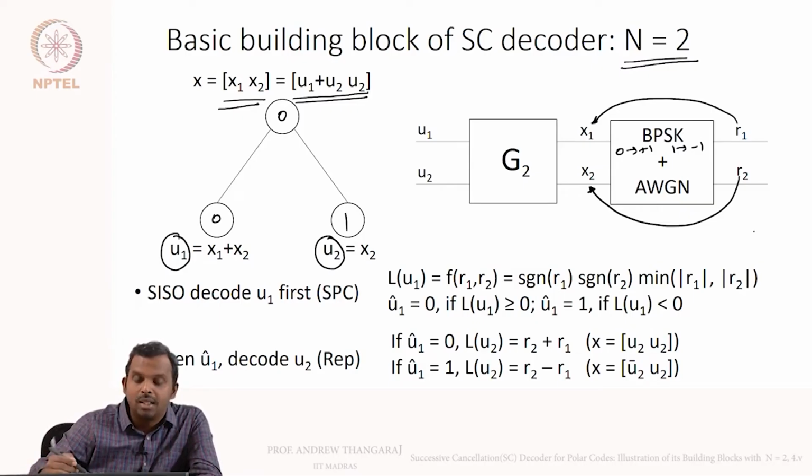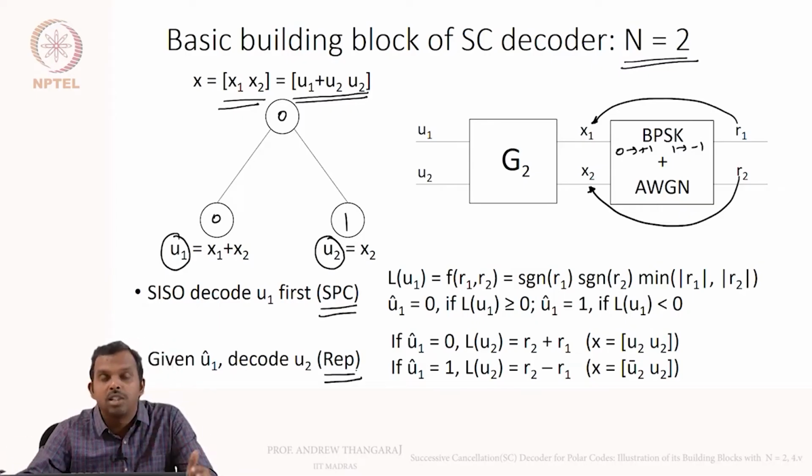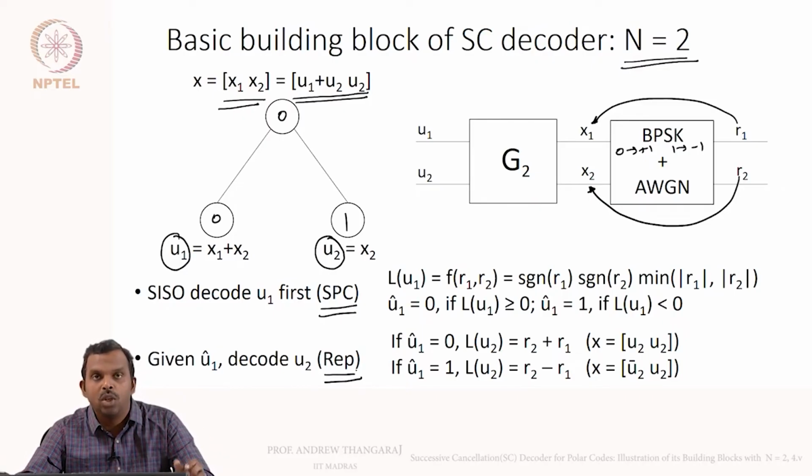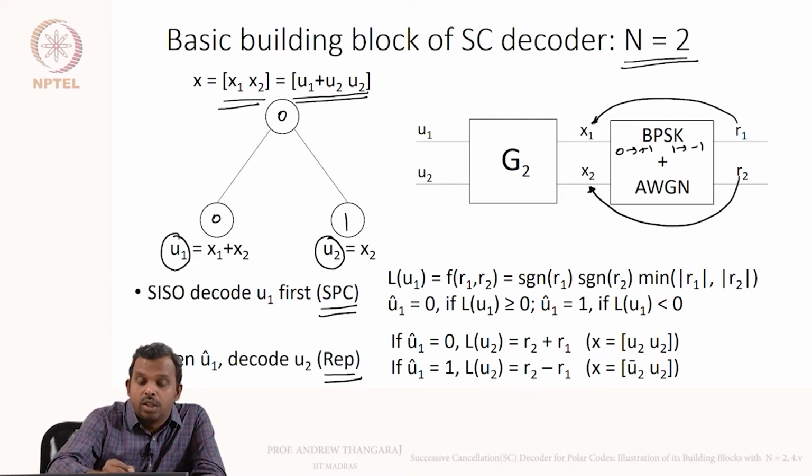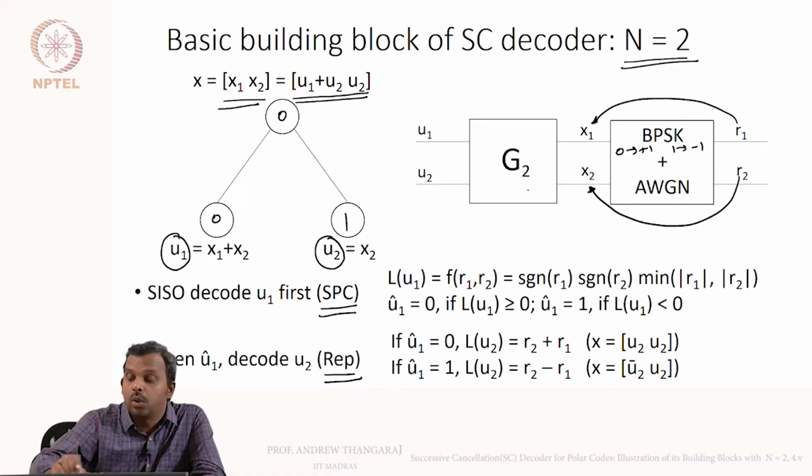For that, it turns out our old ideas of single parity check and repetition are what is used again. The only soft ingredients that we use these days are the single parity check code and the repetition code. I'll tell you how that comes about. If you look at x equals x1 plus x2, you can write u1 in terms of x1 x2. We write x in terms of u1 u2, the kernel going in this way.